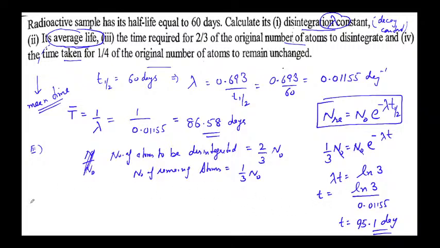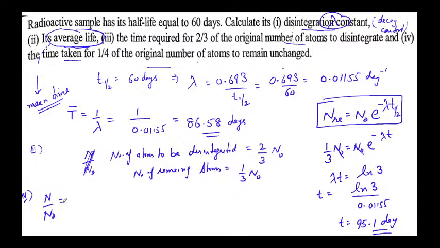So in the fourth option, it is said that the time taken for 1/4 of the original atoms to remain unchanged. इस केस ਦੇ ਵਿੱਚ ਸਾਨੂੰ n/n0 ਜਿਹੜਾ ਆ ਉਹ ਕਿਹਦੇ ਬਰਾਬਰ ਦਿੱਤਾ ਹੋਇਆ: 1/4 of the original atoms to remain unchanged.